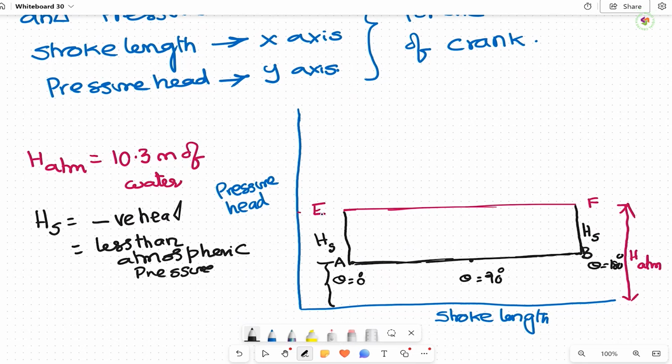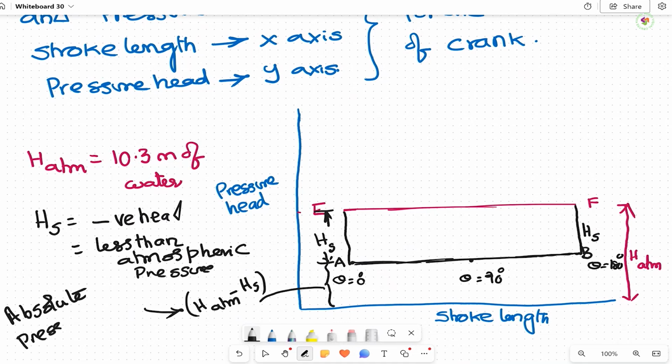So this is HS and this represents H atmosphere minus HS. This is the absolute pressure head during suction stroke, and this is the negative pressure head.